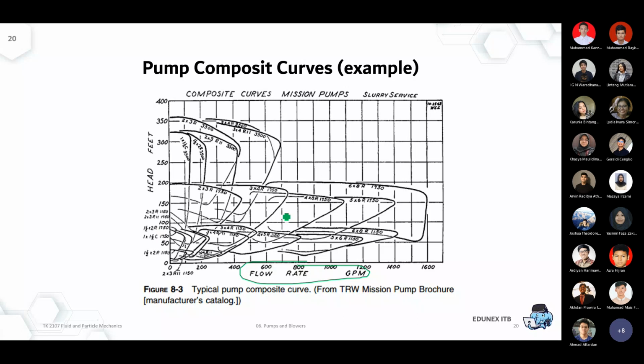What's the last writing that you can see in the slide? Is it already slide 21? I think we're still on slide 20, sir. Let me stop presenting.